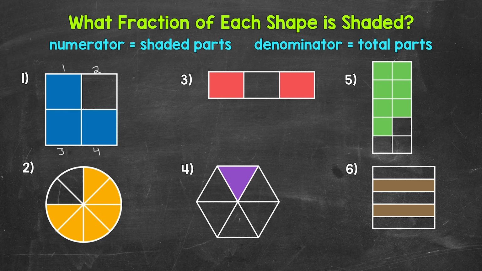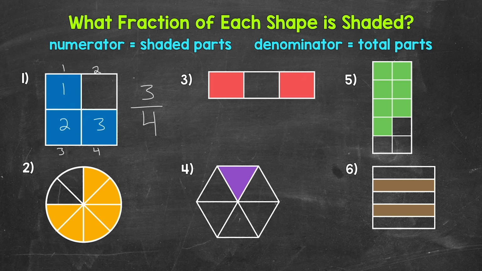And that's our denominator. So 4. Now we need the top number, the numerator. That's going to be the number of equal parts that are shaded out of the whole. So 1, 2, 3. That's our numerator. So we can see that 3 out of 4 parts are shaded. Our fraction is 3 over 4, which we say 3/4.